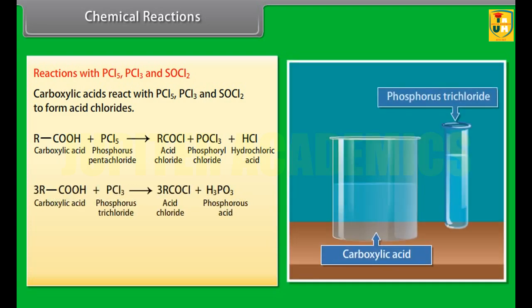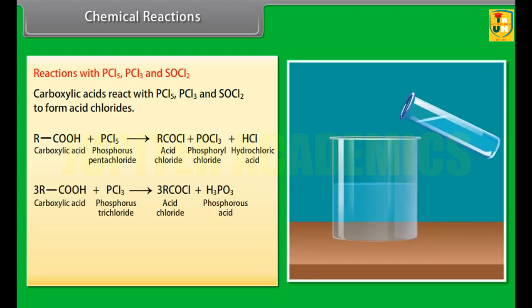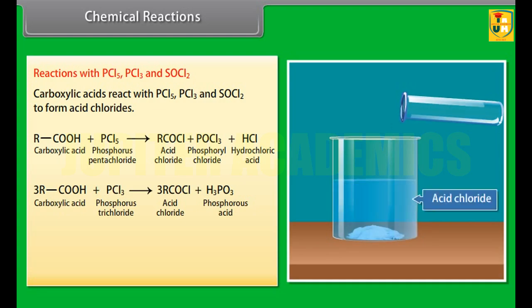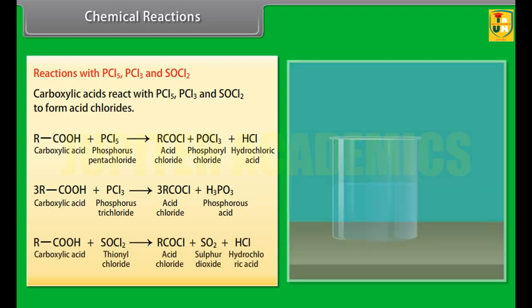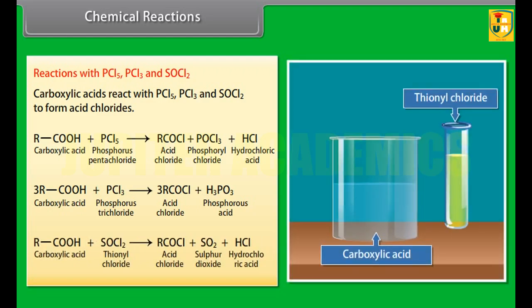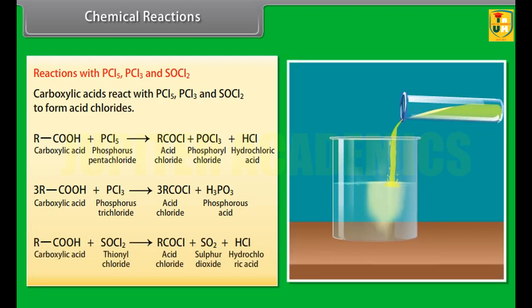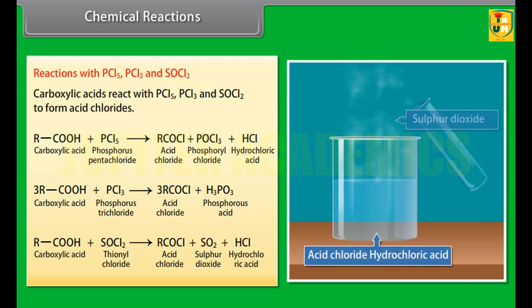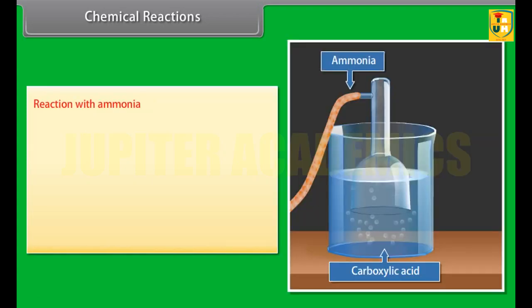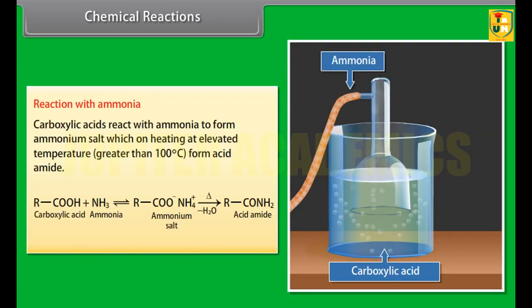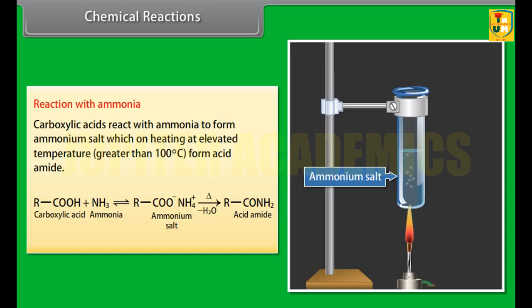Carboxylic acid reacts with phosphorus trichloride to form acid chlorides and phosphorus acid. Carboxylic acid reacts with thionyl chloride to form acid chlorides, sulfur dioxide and hydrochloric acid. Reaction with ammonia. Carboxylic acids react with ammonia to form ammonium salt, which on heating at elevated temperature, that is greater than 100 degrees Celsius, forms acid amide.